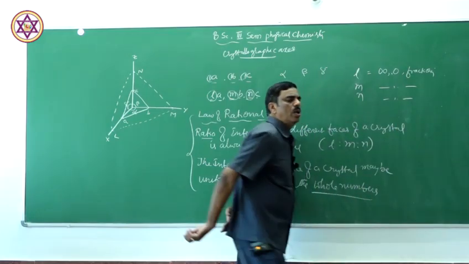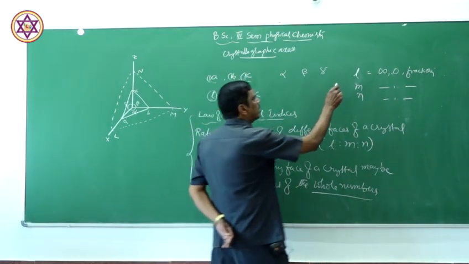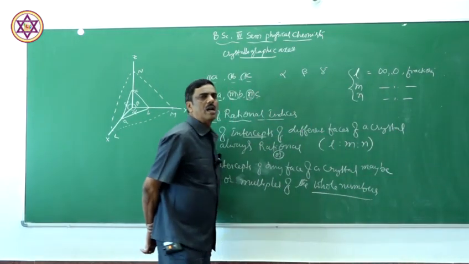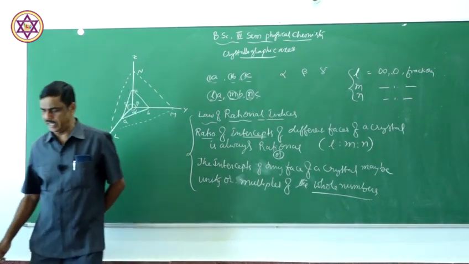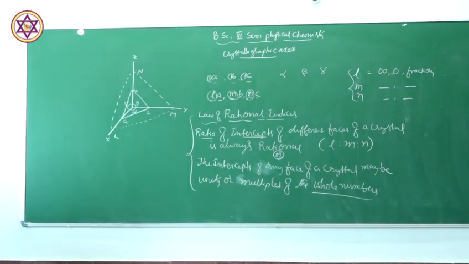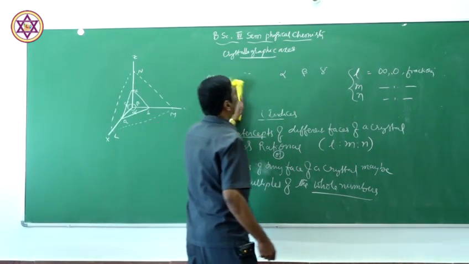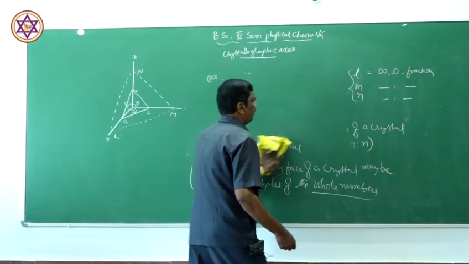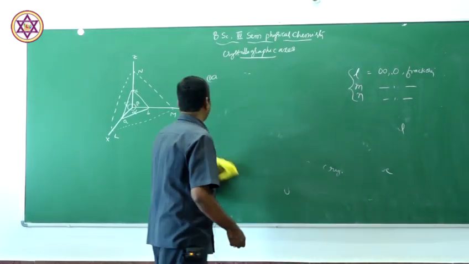Therefore, these intercepts LMN are called Weiss indices. Weiss indices are the LMN representation. Weiss indices are the coefficients of intercepts in any direction.